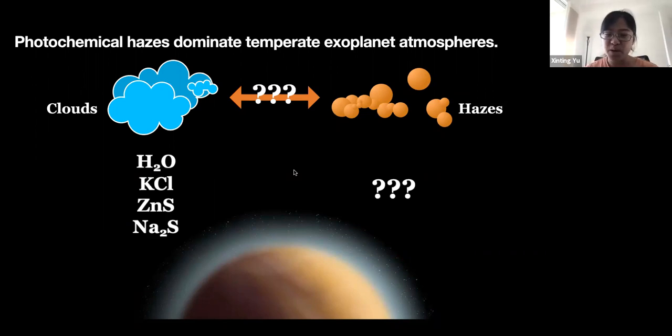First, they're made of thousands, maybe tens of thousands, of different chemical compounds. And second, it's really hard to know all the properties. So we don't really know much about them. And even a little change in the gas composition of the atmosphere could totally change the properties of the hazes.